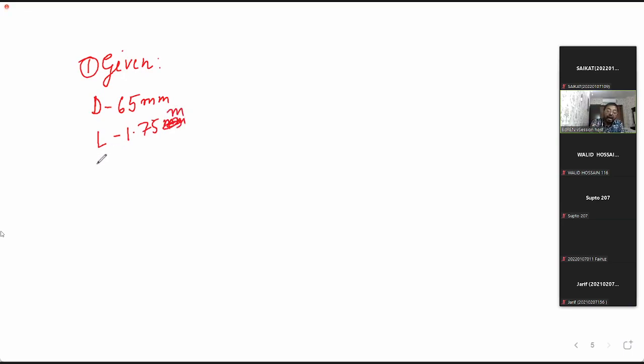Then the speed N is given as 55 revolutions per minute. The channel depth is given as 5 millimeter.